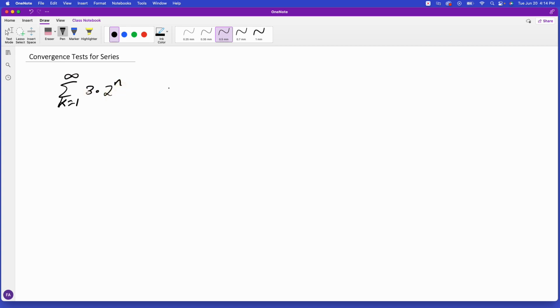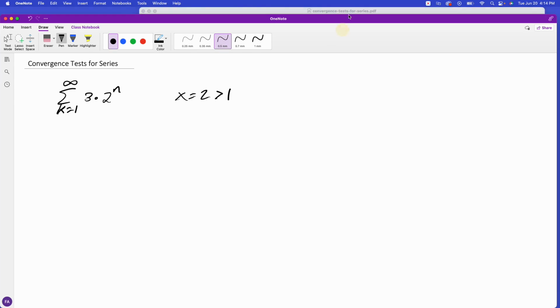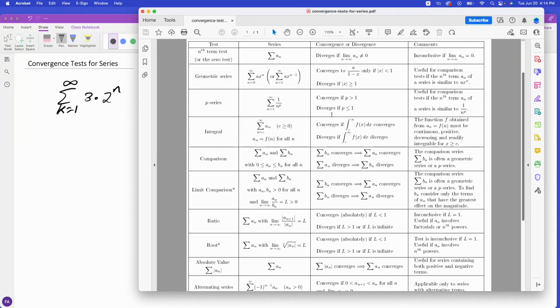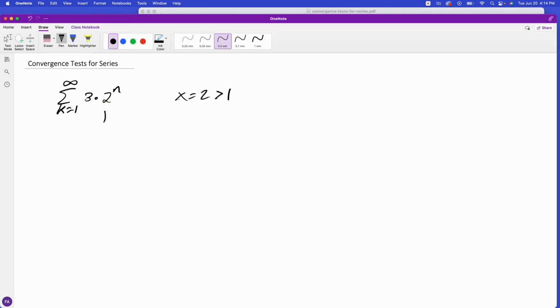Now, in this instance, what's our value of x? The value of x is the base of that exponent. So here, x is equal to 2, which is greater than 1. Now, we go back and ask what the test tells us about that. The test tells us that if that value of x is greater than 1, it diverges. So now we know that this series right here diverges.